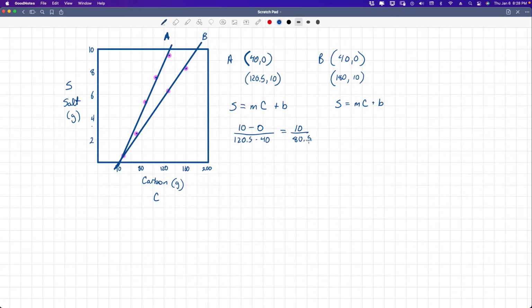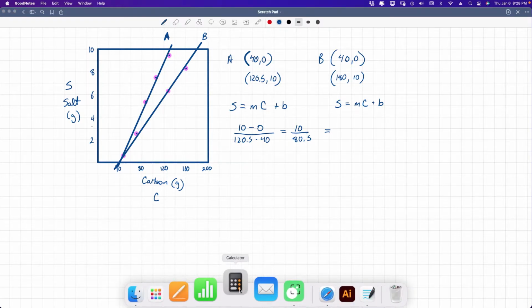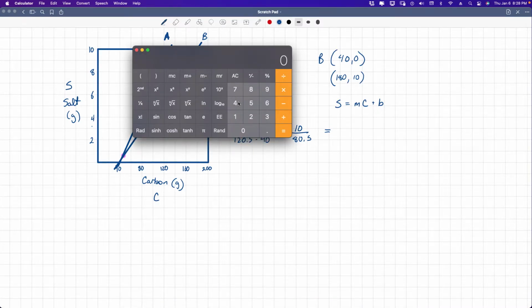All right. So my slope is going to be, let's see, 10 divided by 80.5, 0.124, we'll stop there.